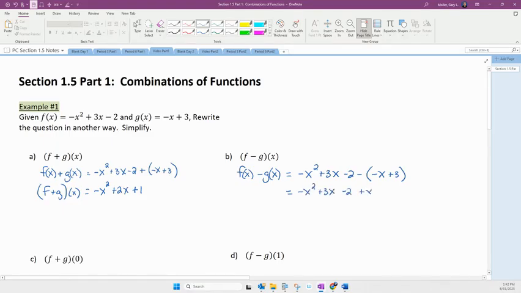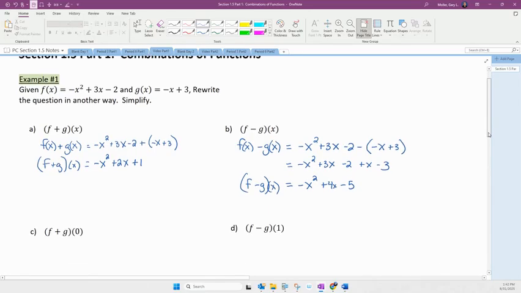I get plus x minus 3. Let's combine like terms. Negative x squared plus 4x minus 5. And that would be f minus g of x.